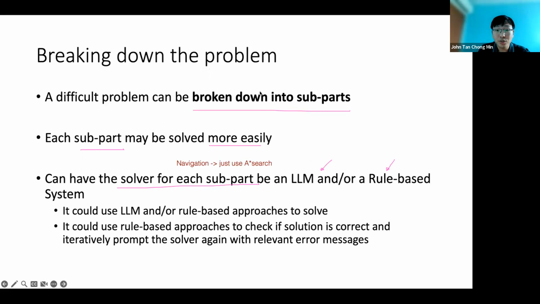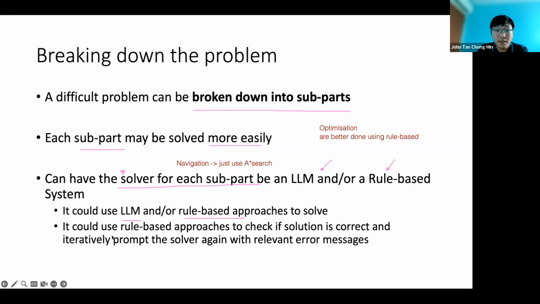In general, stuff like optimization is better done using rule-based methods, because LLMs don't do that well for optimization. So if we can allocate this part to the rule-based system, you use the LLMs for what they're good at, association and pattern matching, and use rule-based for what it's good at, consistency and optimization. You do both combined together, and your solver will be very powerful. Use both LLM and rule-based.